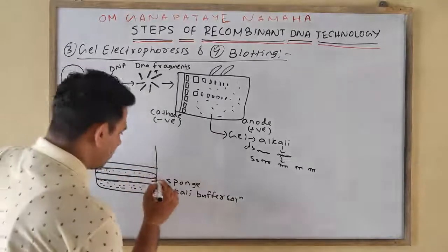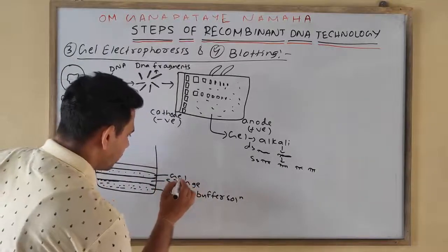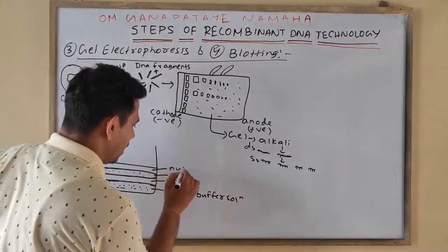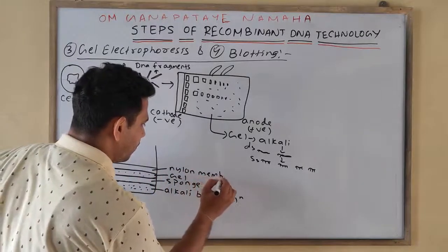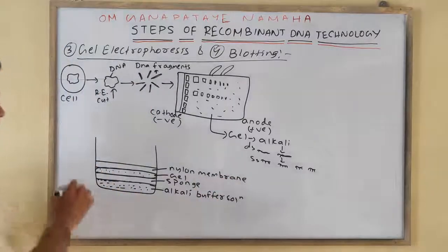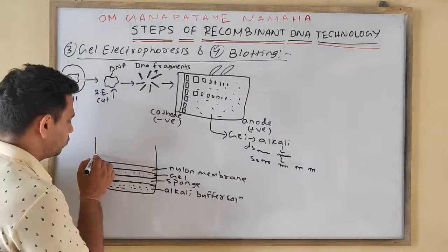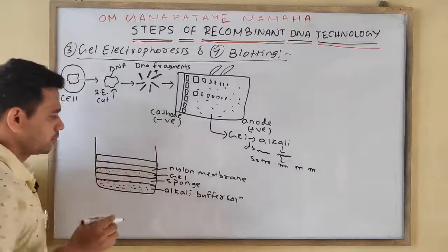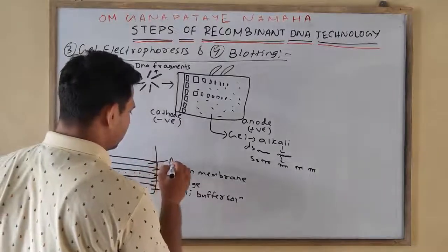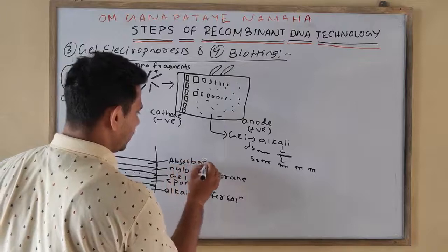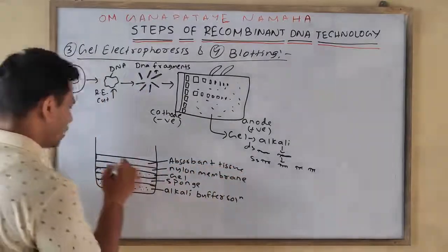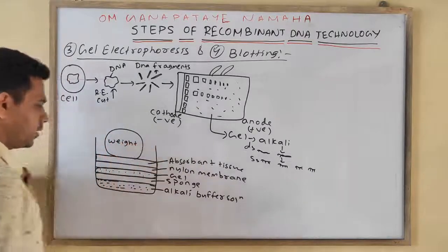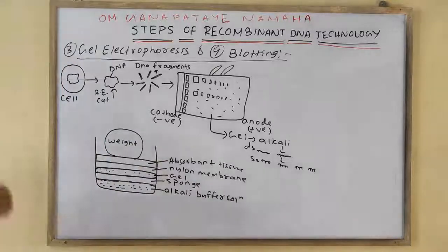This one is your gel, then this one is the nylon membrane. Then we will give the absorbent tissue, and lastly some weight is placed on top. So this one is your instrument for the blotting technique.